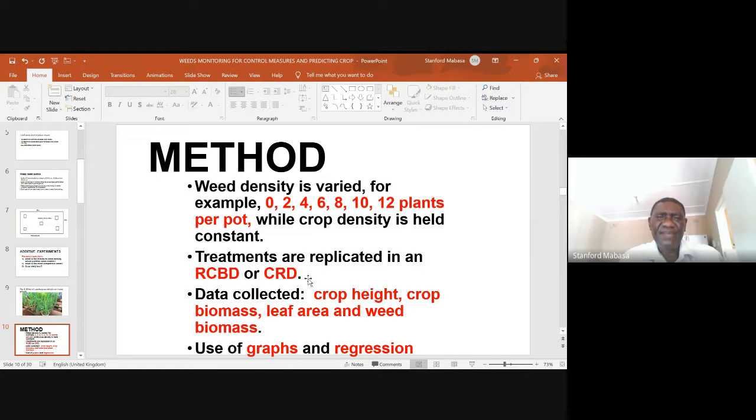The treatments are replicated in RCBD or CRD, but mostly RCBD. The data collected is crop height, crop biomass, leaf area, and weed biomass, but mostly crop biomass is important.